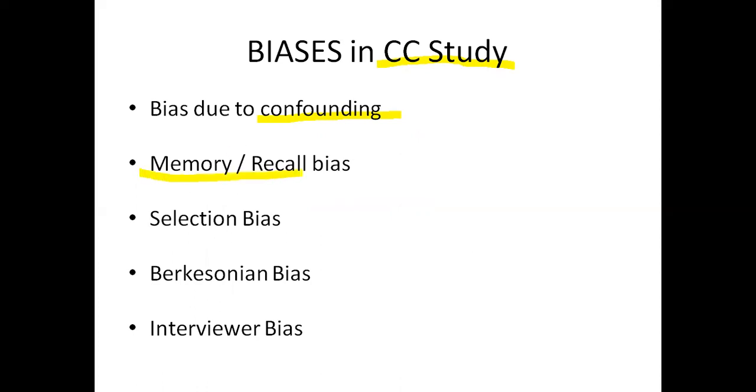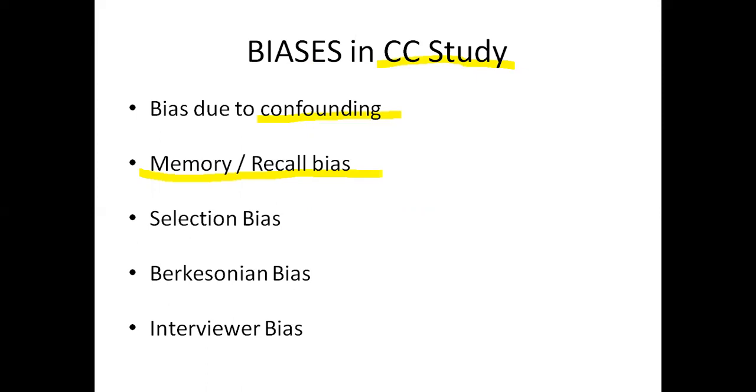Secondly, we have a memory or a recall bias. So when you go and collect data to do the analysis, in the process of data collection, when questions are asked, it is not necessary that all the subjects give all the answers with equal commitment, or with equal quality of recall, equal quality of memory. And generally, it is expected because there are more events that have happened with cases.